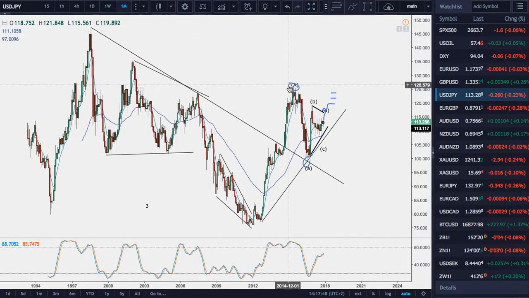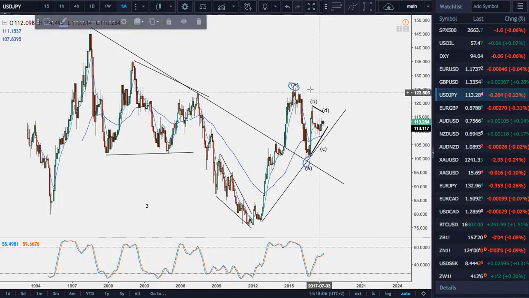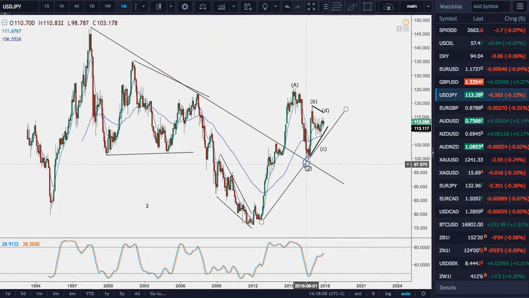Now, both of these scenarios, whether it's a triangle or a bigger three-wave correction, both of them are looking at a move above the January high of about 118.5. So to a new high. And on that new high, I will be seeing how price reacts.